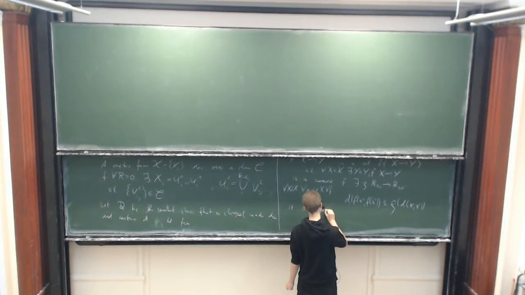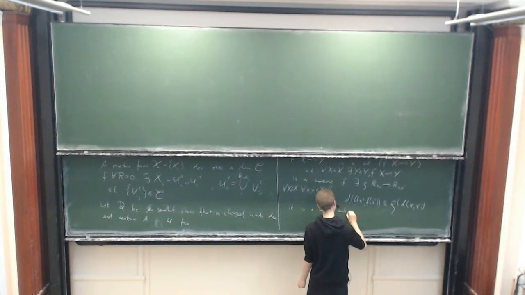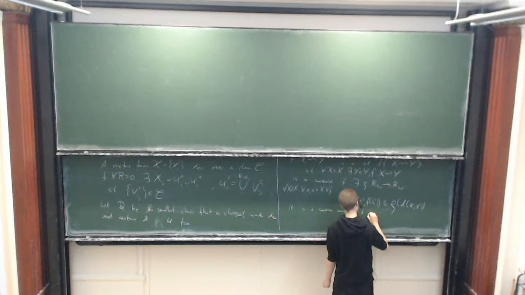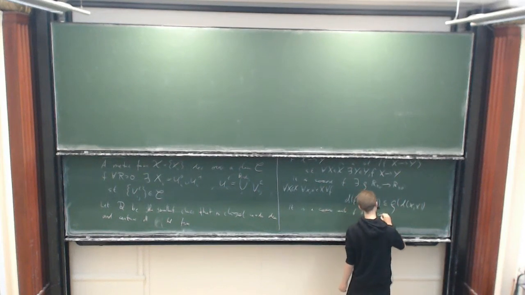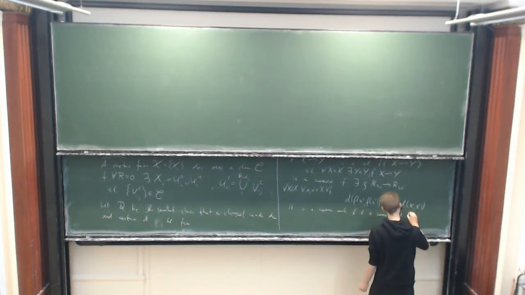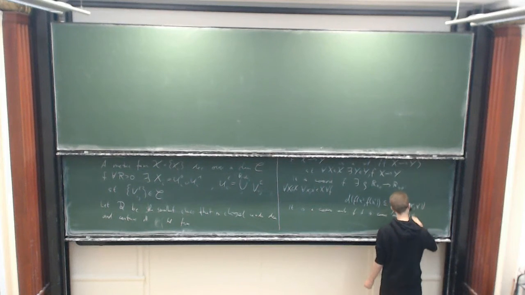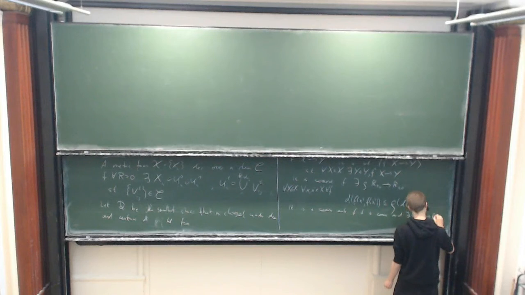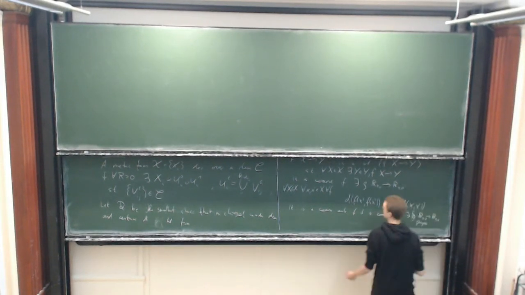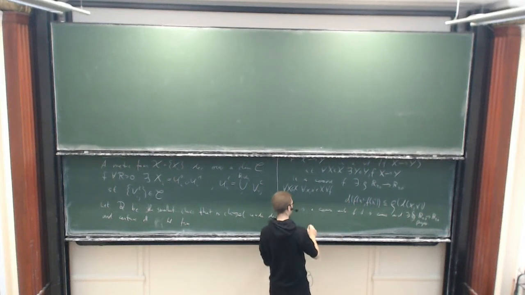And it's a coarse embedding if it is coarse, and there exists also a delta, and this one should be a proper map, such that we also have this inequality from the other side.